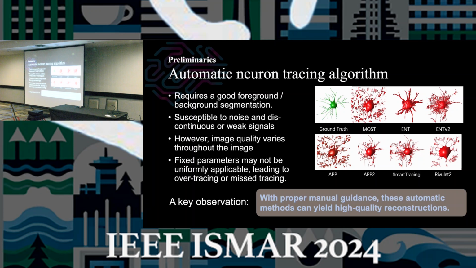However, with proper manual guidance, we can help those algorithms overcome their weakness and achieve high-quality reconstructions. This combination of automatic and human inputs offers a promising solution for more accurate neuron tracing.